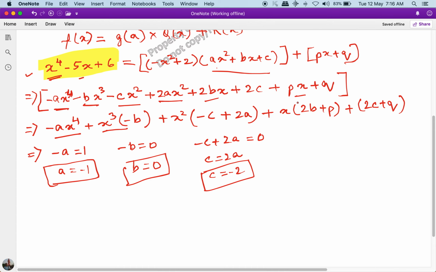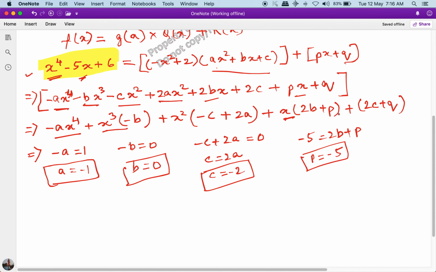Now we have to find p and q, and we have to compare the coefficient of x with the coefficient of x over here. So we have minus 5 is equal to 2b plus p. Now b is equal to 0, so p is equal to minus 5. So we have the value of p.